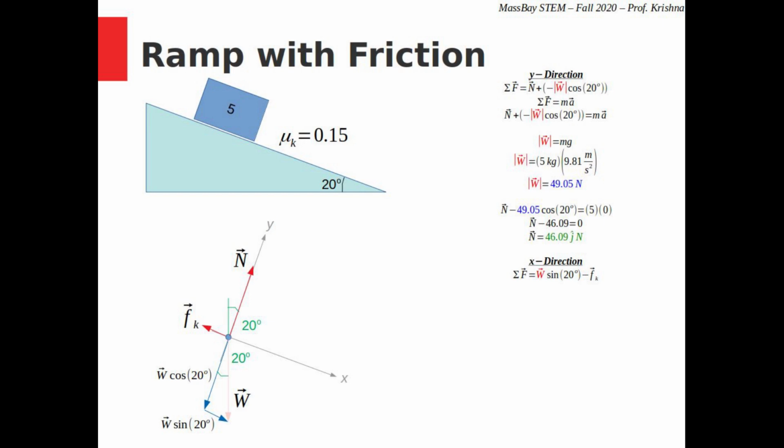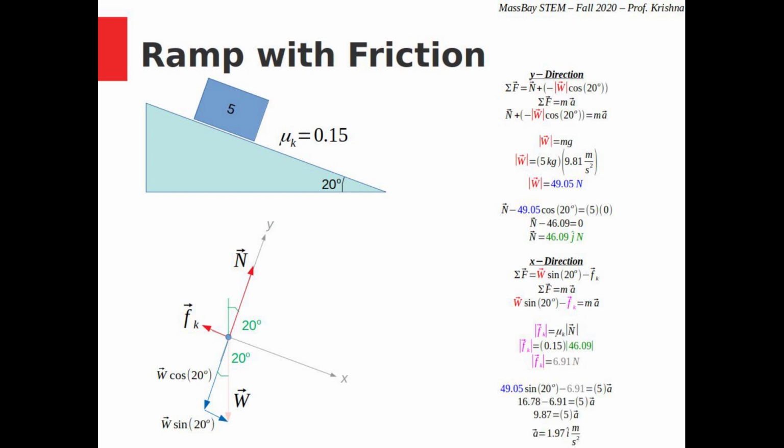But unlike before, there is now a second force in the x direction, a kinetic friction that must be subtracted in the force balance. We need to calculate the kinetic friction. This is straightforward to do using the formula from the last video, the coefficient of kinetic friction times normal force. Plugging this in and solving, we find a new acceleration, I hat meters per second squared.